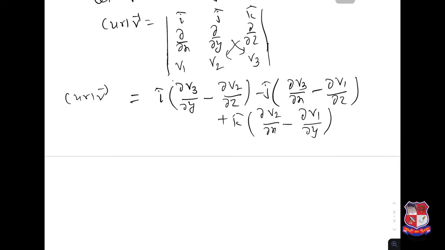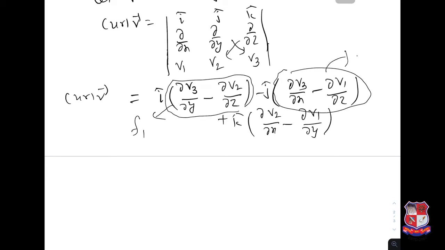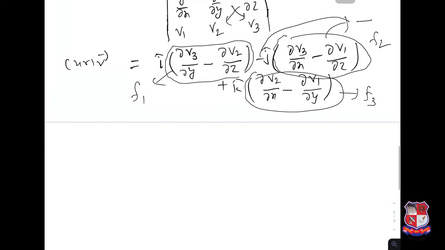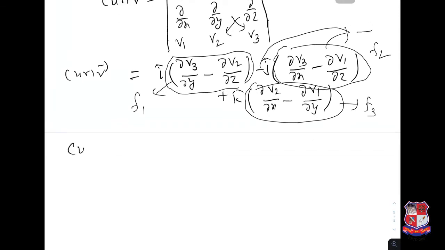This is our curl of v. So this one is, you can say, the first component f1, this one with the negative sign is f2, and this one is f3. So we want to find divergence of curl of v, that means del dot del cross v.